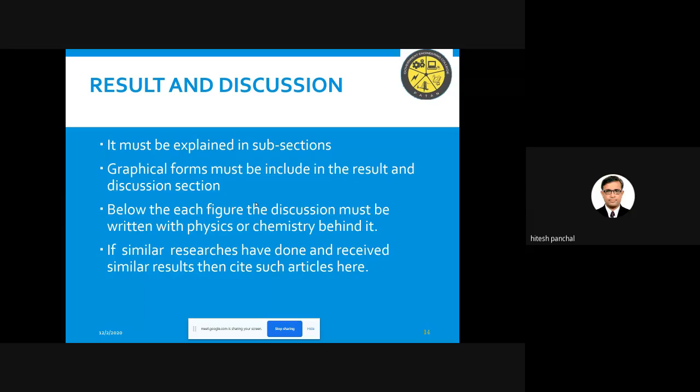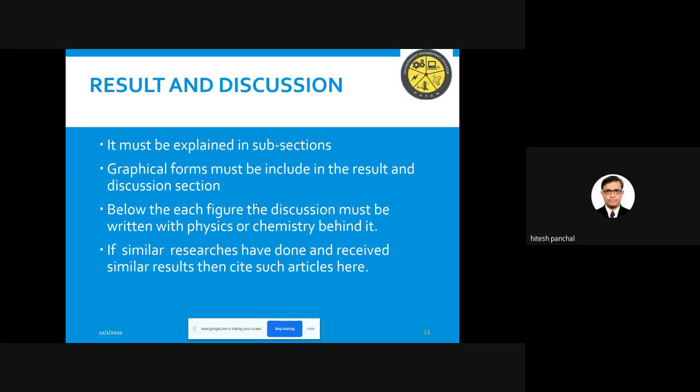Because result and discussion shows the graphs, the graphical forms. From graphical forms you can say, okay, from morning 9 a.m. to 5 p.m., the solar intensity will increase up to 2 p.m. and then it will decrease. It is obvious. At the same time, you don't require physics or chemistry.